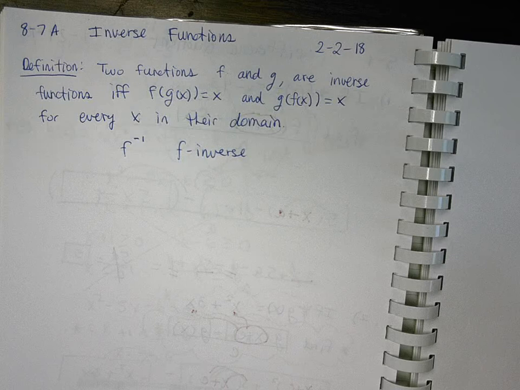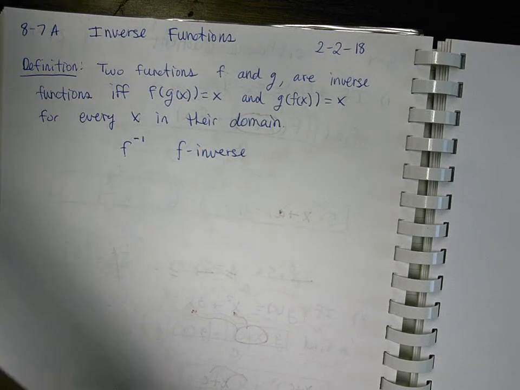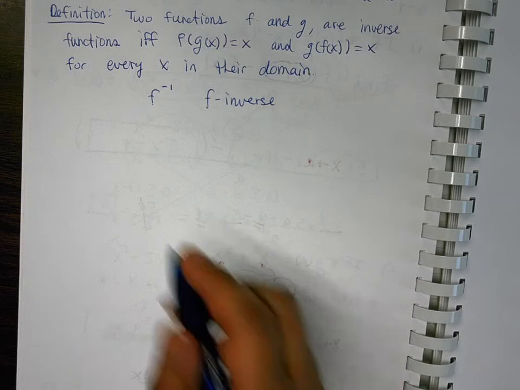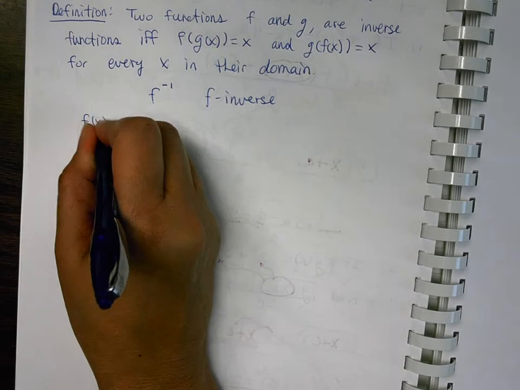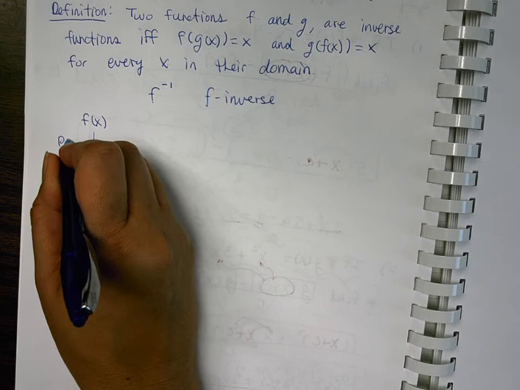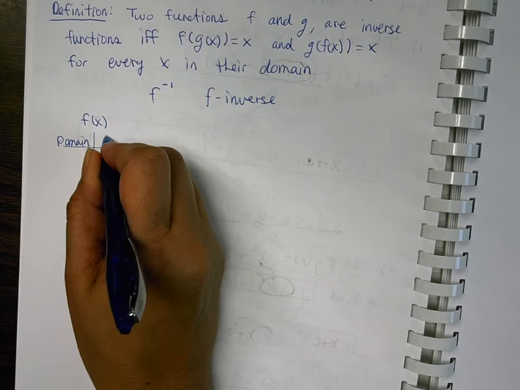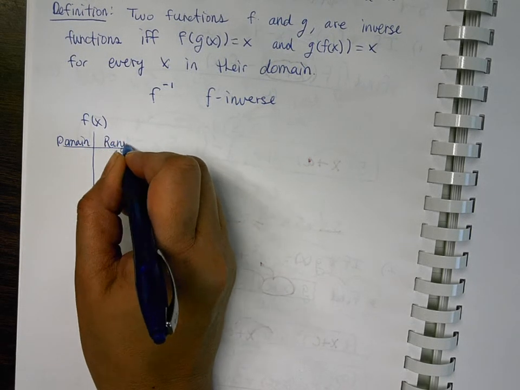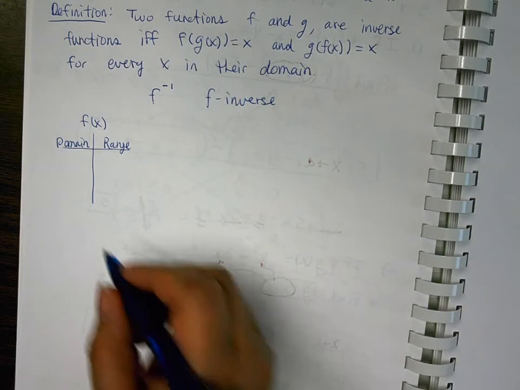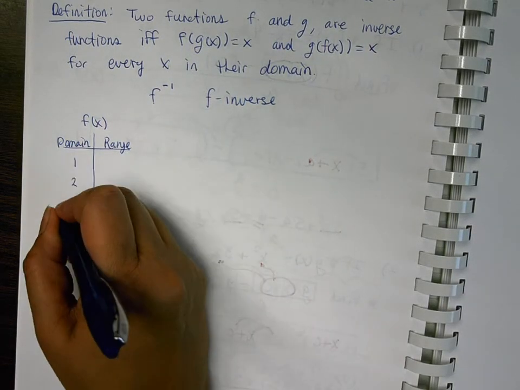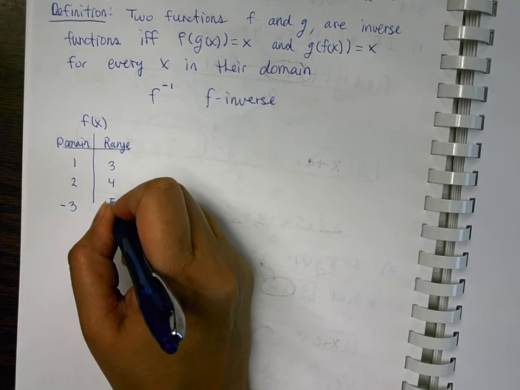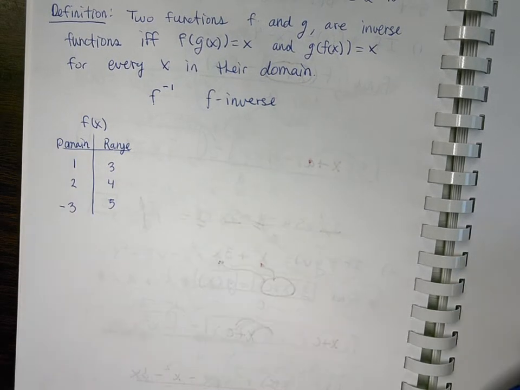We are going to talk about domain and range and what happens with our functions. Are we ready? Okay, if I have a function f of x, and this is my domain, and this is my range, and I'm just going to make up a list of numbers: 1, 2, -3, 3, 4, 5.